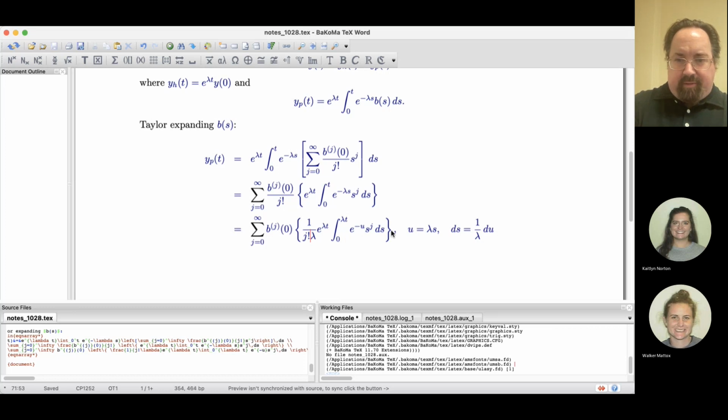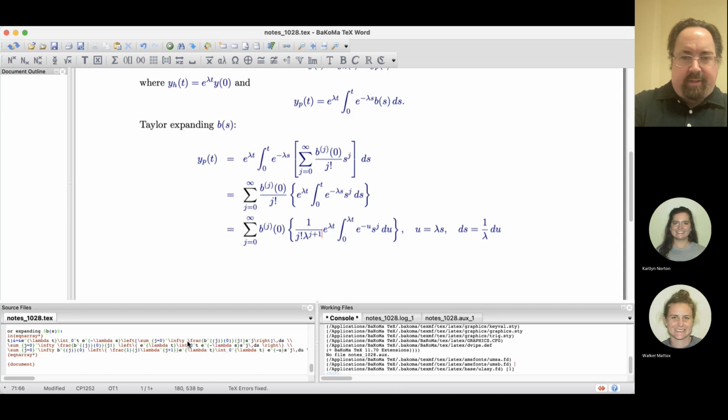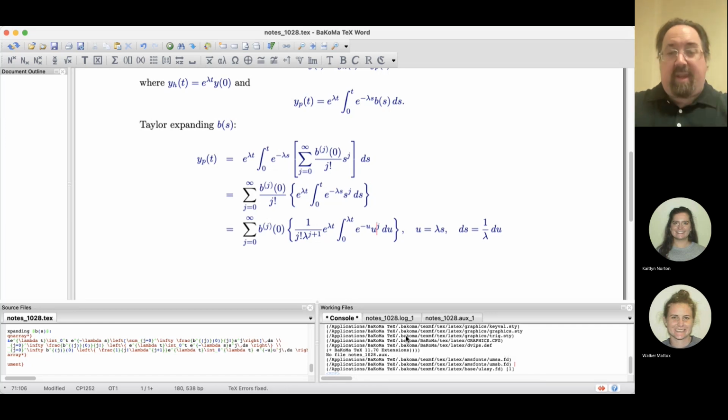So that happens because of the u substitution. And then I want to make this u to the j. So I need a lambda to the j in here. Therefore, I need a lambda to the j in the denominator out here. So now I'm going to have lambda raised to the j plus 1. And then here we have u to the j. Okay.